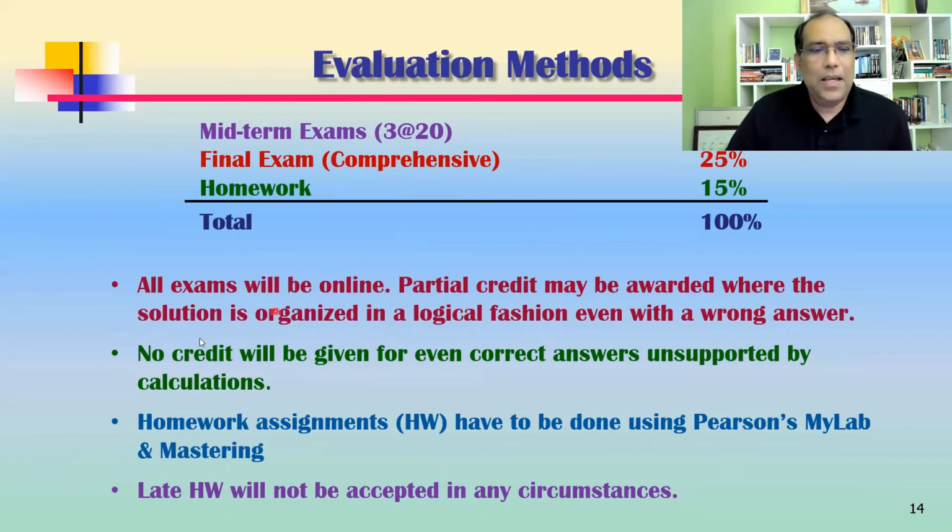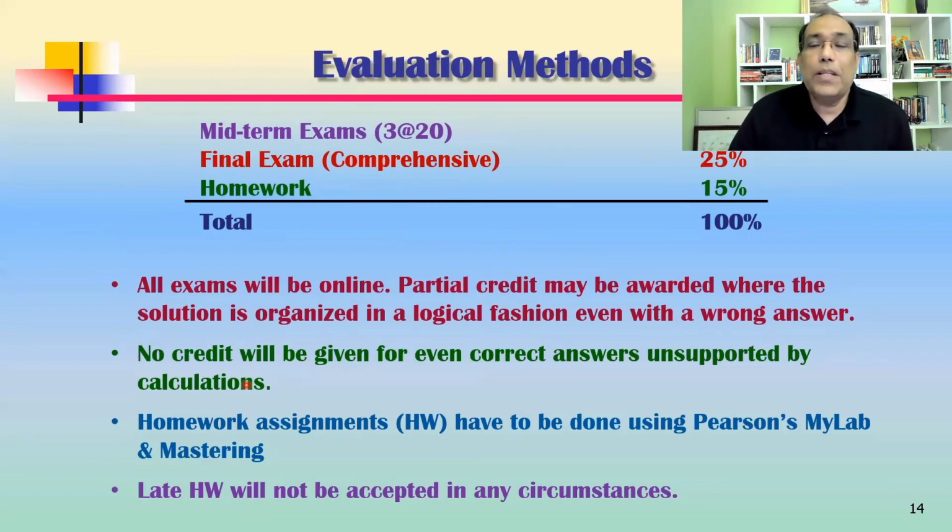And no credit will be given even for a correct answer unsupported by calculations. So if you ask a friend, what is the answer of this question, and put that one there, but your calculation doesn't support it, even though you have a correct answer, you are going to get 0 for that, okay?